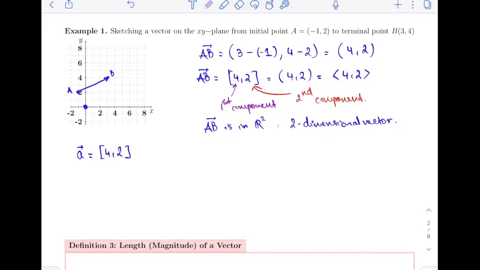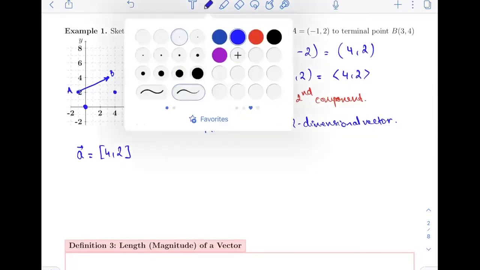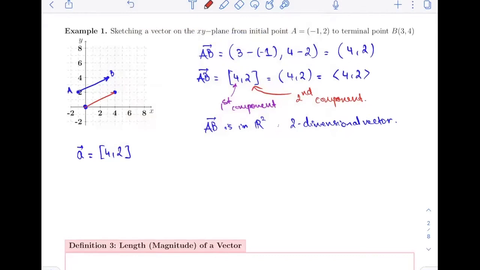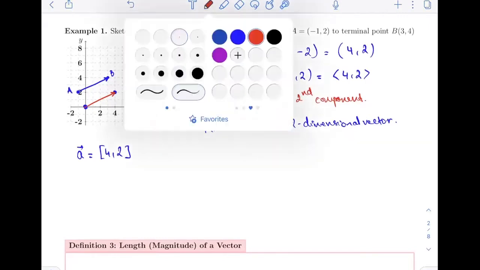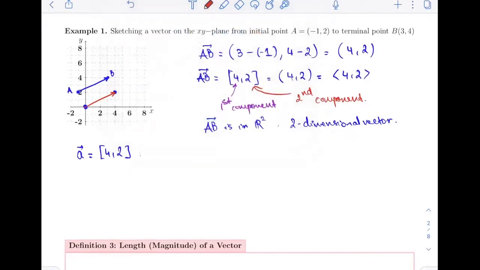So x is equal to 4 and y is equal to 2. These two vectors, the one in blue and the one in red, are actually equivalent to one another. In fact, they are parallel to one another. So this vector 4, 2 is in standard position.